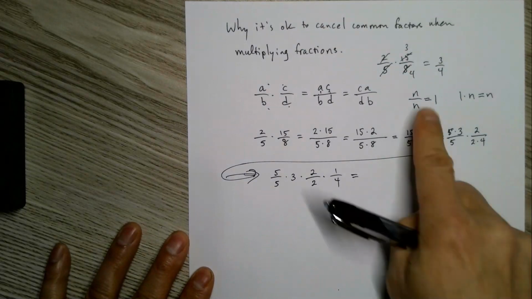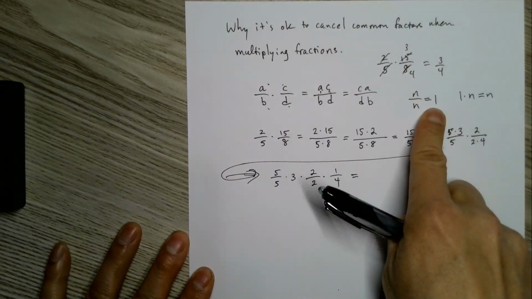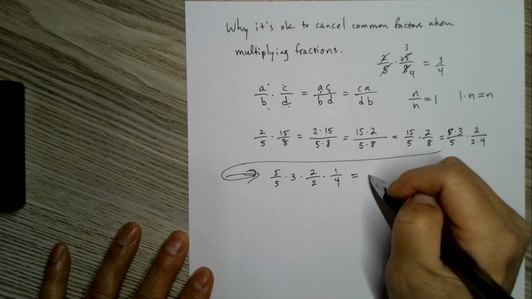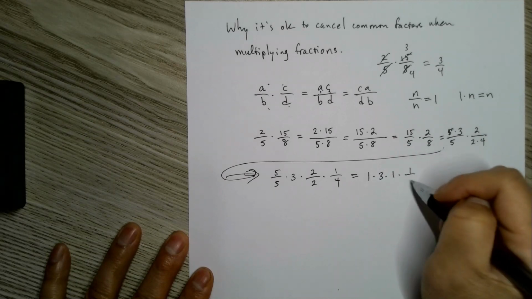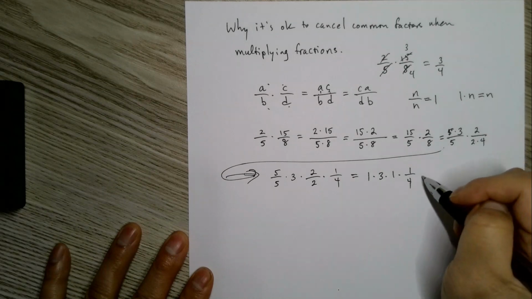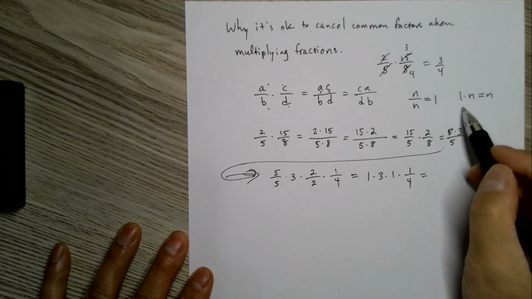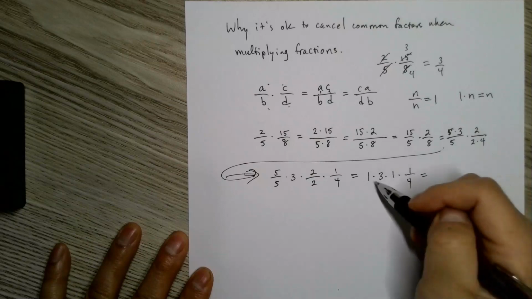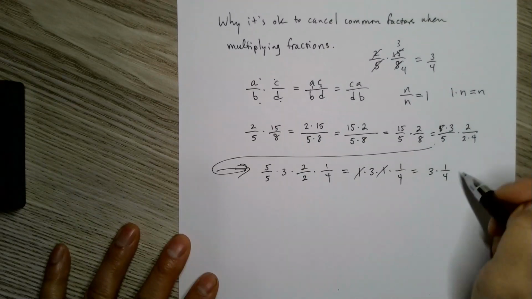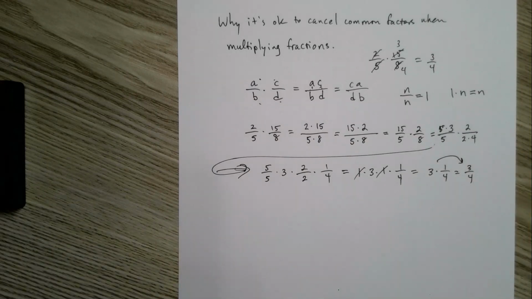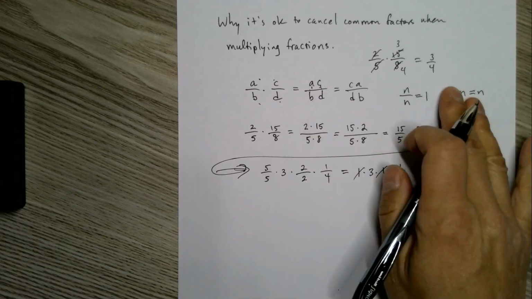And because of n over n equals 1, the 5 over 5 becomes 1, and so does the 2 over 2. And then because anything times 1 is itself, the 1s disappear, and I have 3 times 1/4, which is 3/4. This step here is actually called the definition of division, which I failed to mention up here.